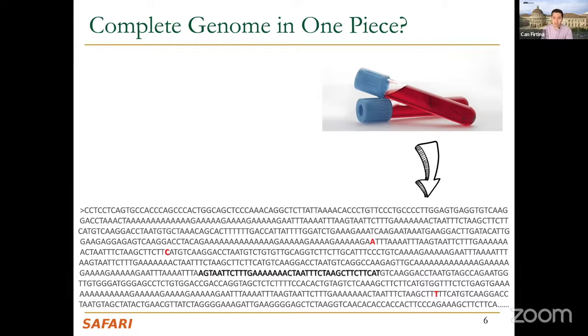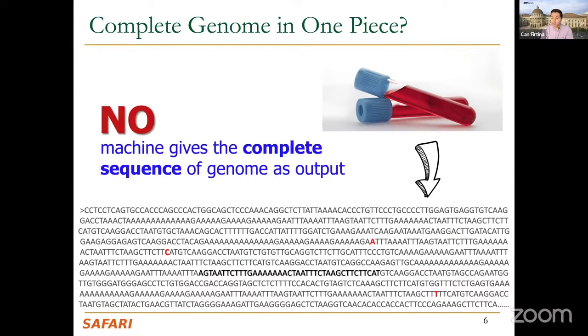And the answer is mainly no. There is no machine today that can deterministically take a DNA fragment, in a complete, unfragmented way, as a complete piece of chromosome, as an input and then generate the complete piece as an output.